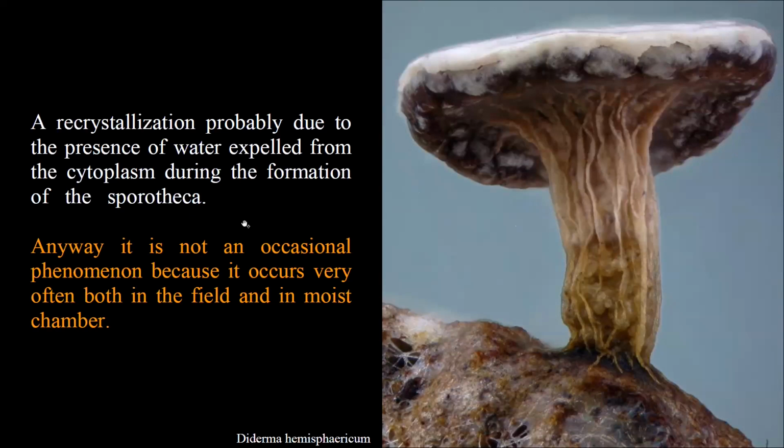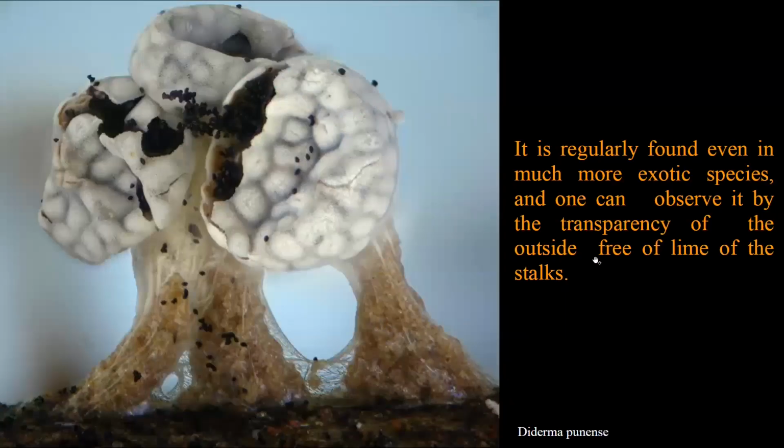Anyway, it is not an occasional phenomenon because it occurs very often, both in the field and in moist chamber. The base is regularly found even in much more exotic species, and one can observe it by the transparency of the outside, free of lime, of the stalk.